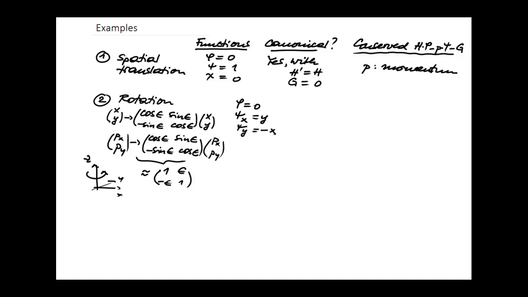The momentum component px is shifted to px plus epsilon py. So in the same logic, the function chi x that describes the shift of the x component of momentum equals py, and chi y, the shift in the y component of momentum, equals minus px.